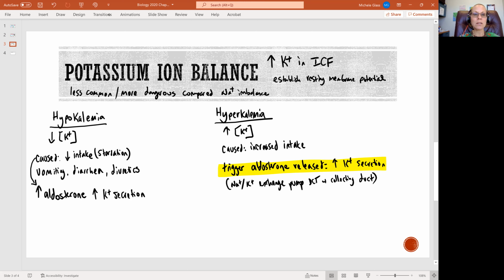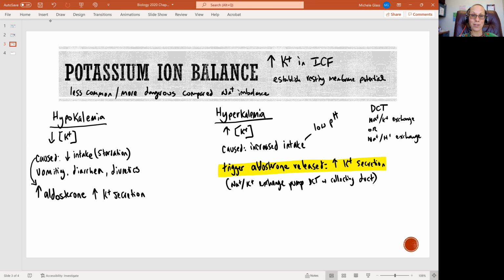Going back to causes of hypokalemia, we see also a low pH can be a cause. And what we'll see is that in the distal convoluted tubule, you can have either sodium potassium exchange, or you can have sodium hydrogen ion exchange, but not both.